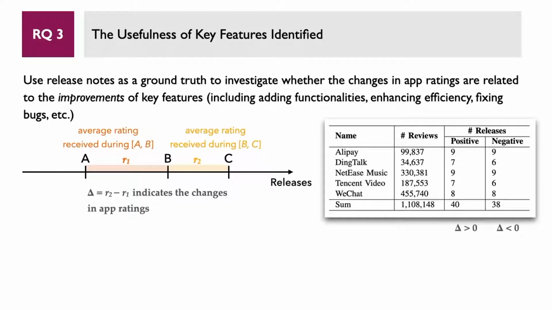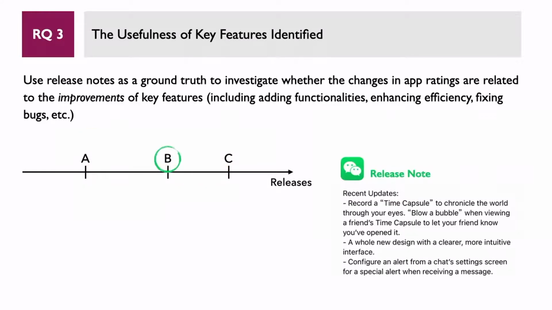Lastly, regarding the usefulness of the key features identified, we used the release notes as the ground truth to investigate whether the changes in app ratings are related to the improvements of key features. To this end, we first selected a series of releases with positive and negative changes in app ratings as subjects.